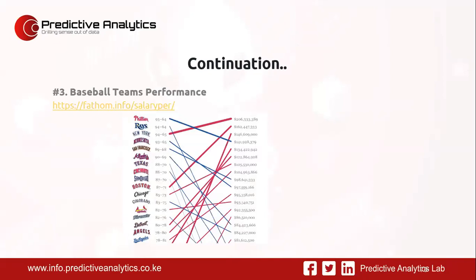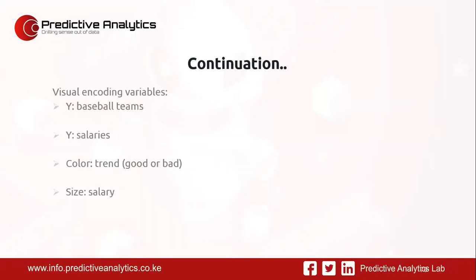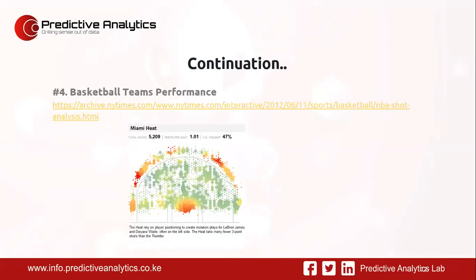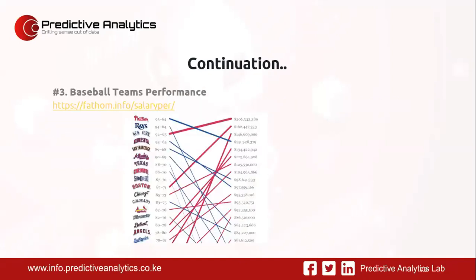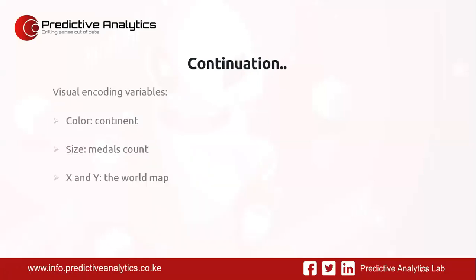Those are the intuitive colors we were talking about. Then the size of the strokes, the size of these ticks, represents salary. So that is an example of encoding using the variables color, size, and X and Y.